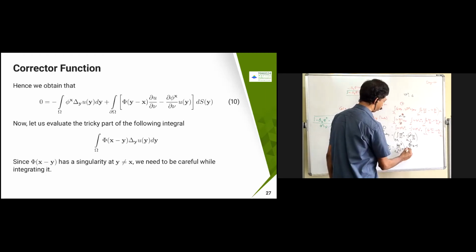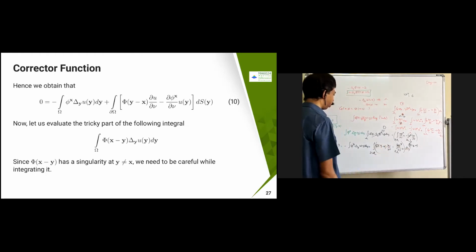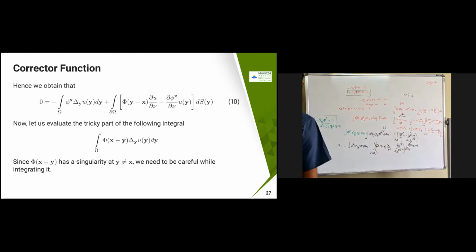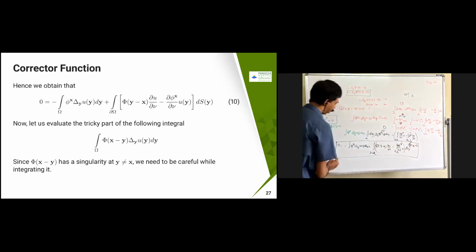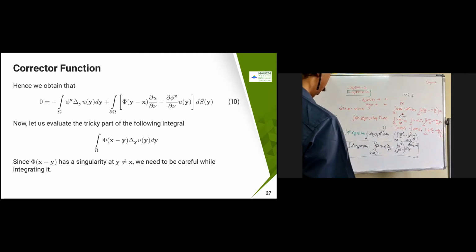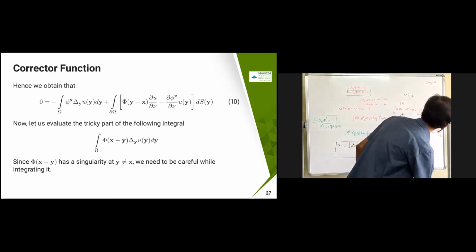This is over. So keep this identity, remember this identity. This we are going to use to obtain this g of x. How do we obtain this one? So I'll just write that somewhere.